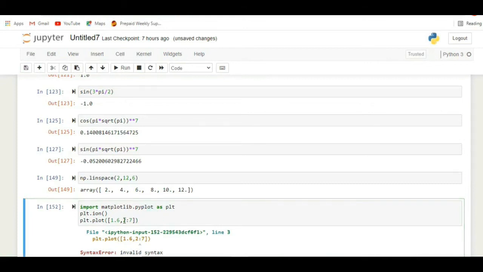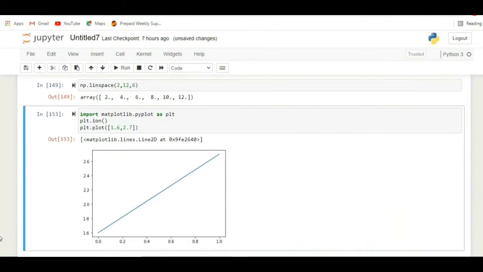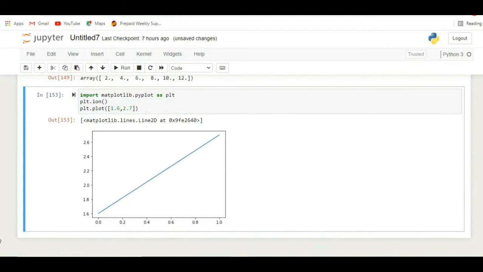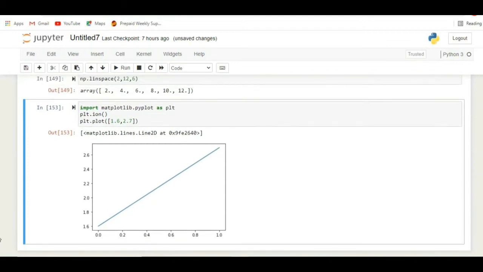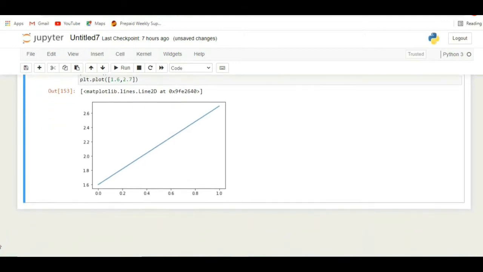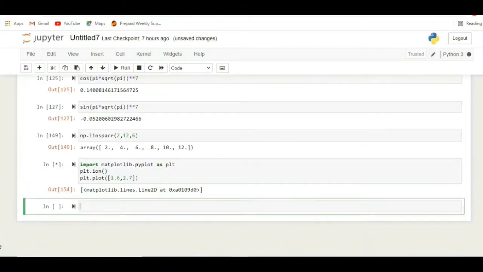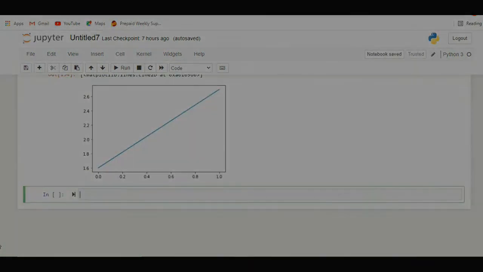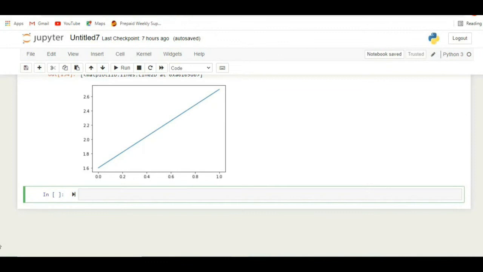Now we will check again for the error. Yes, this is 2.7, and now this is working. This is the correct code: 1.6 and 2.7.